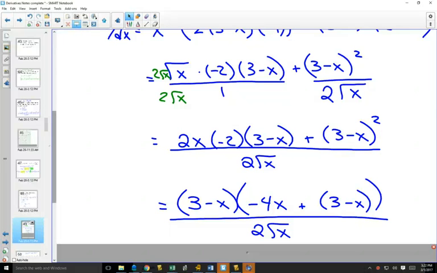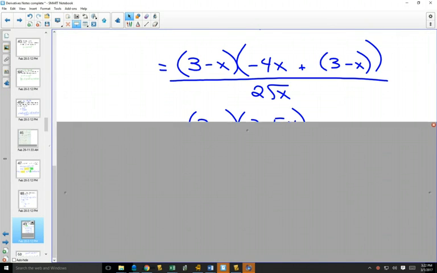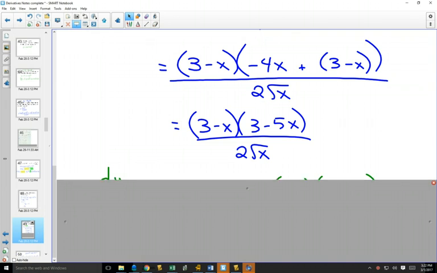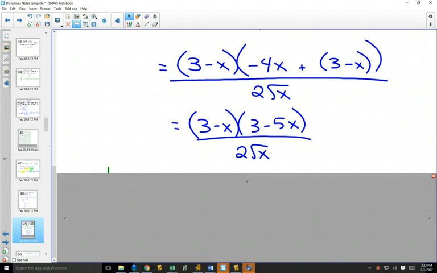What's left if I take a 3 minus x out of the first term? Just the minus 2 times the 2x, or a minus 4x. What's left when I take one 3 minus x out of my second term? I'm still left with one 3 minus x. And now we can simplify the top, and it works out to match perfectly with what we wanted to show.